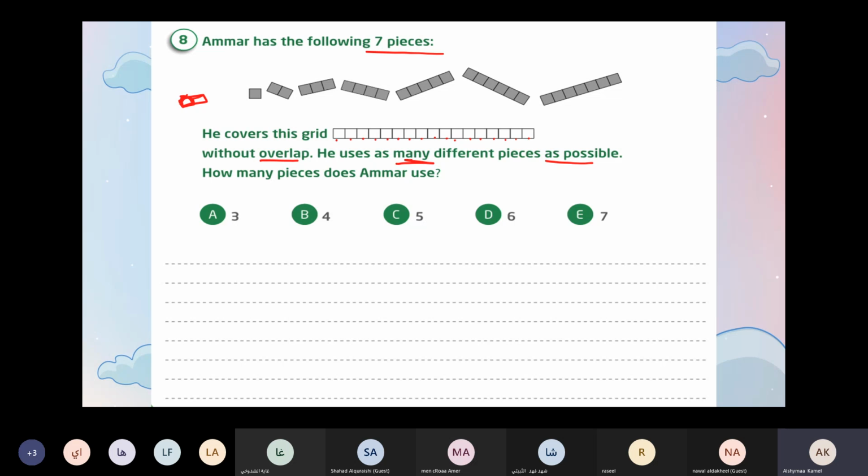How many pieces? How many squares? We count. 1, 2, 3, 4, 5, 6, 7, 8, 9, 10, 11, 12, 13, 14, 15, 16, 17. Okay. So I need to choose pieces that give me 17 small squares like this.